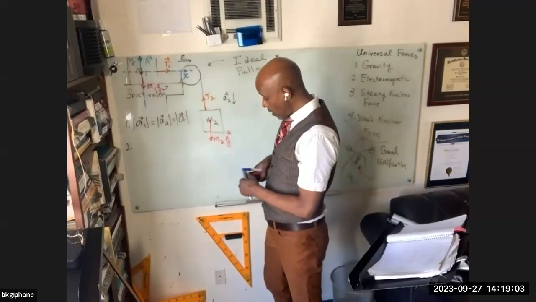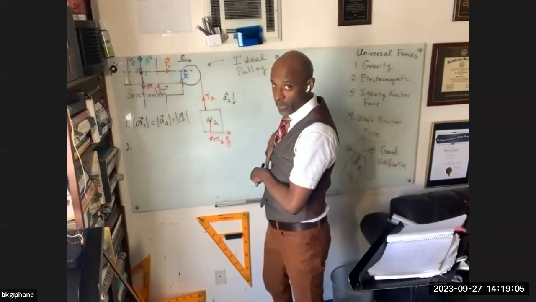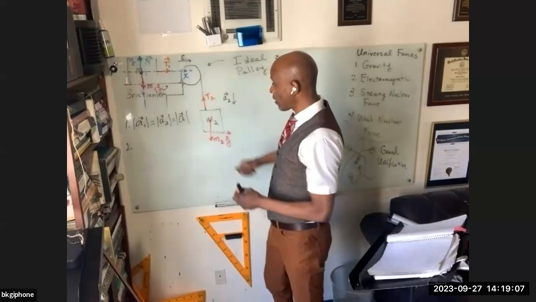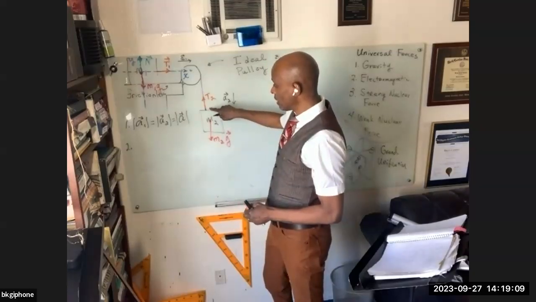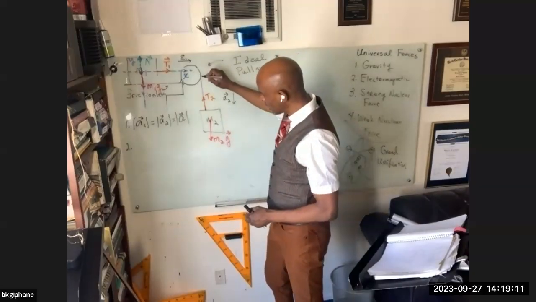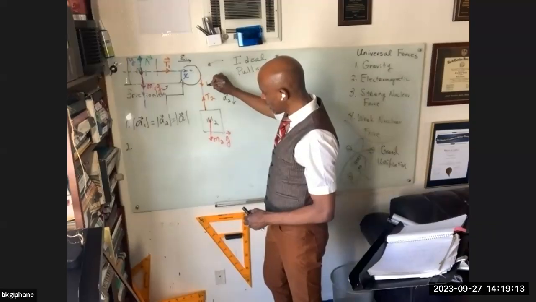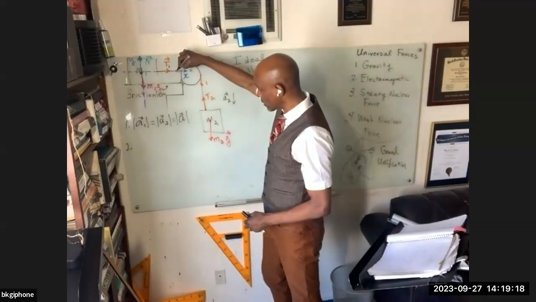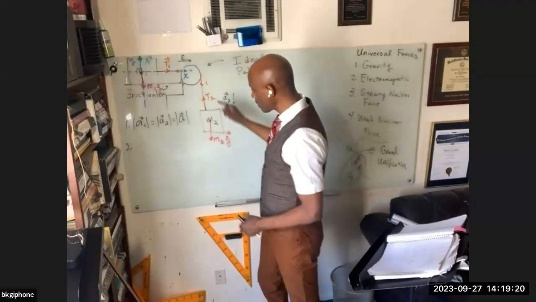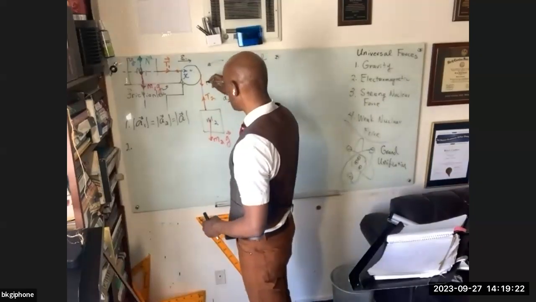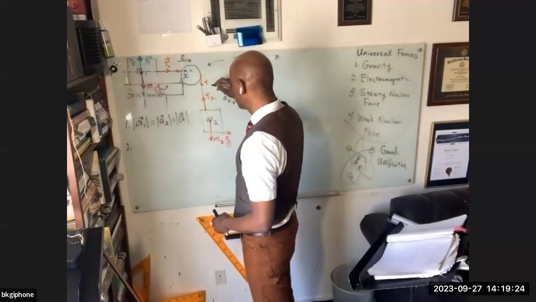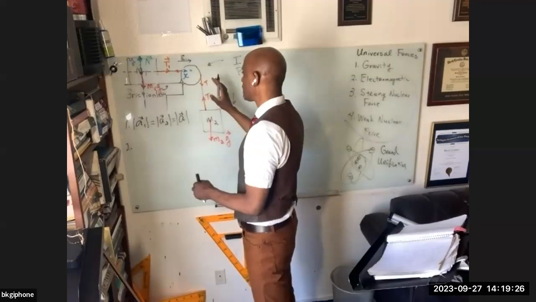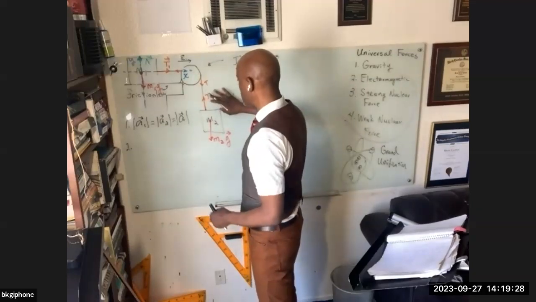And again, by the third law, I'm not drawing it here because I'm not worrying about the pulley. But by the third law, the pair force for the tension here is actually up here on the pulley, again, on different objects. And the pair force for T1 is right here coming out of the pulley in that direction. But because the pulley is ideal, all these tensions are the same value.